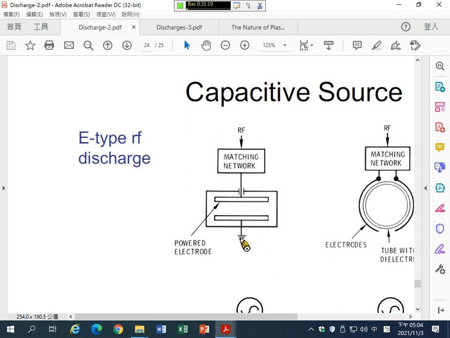So when you apply the voltage, an electrical field will be generated between the RF hot electrode and the ground electrode. So you can use the electrical field to increase the energy of electrons, right, by electrical force.